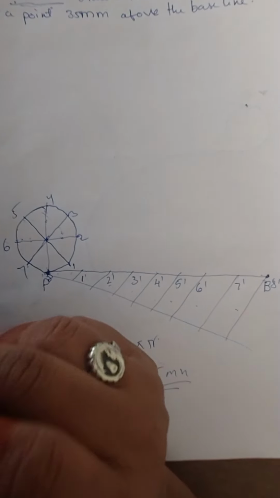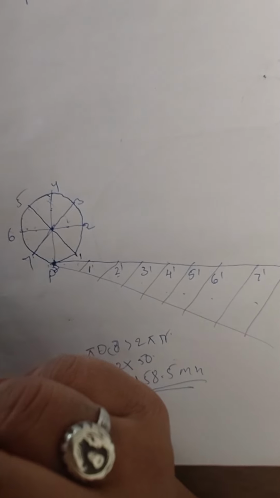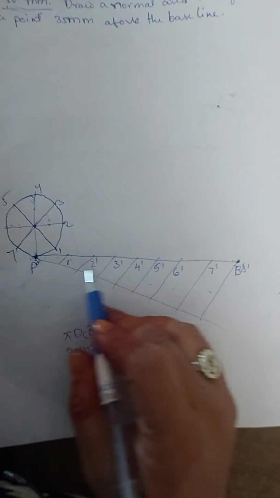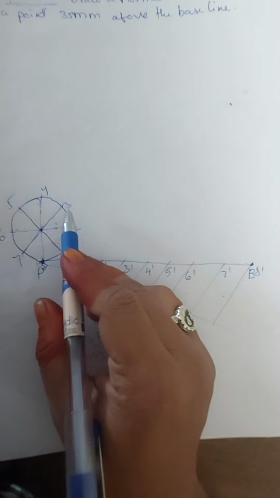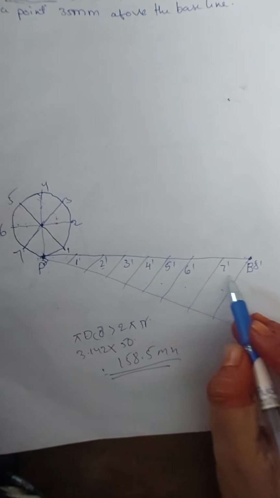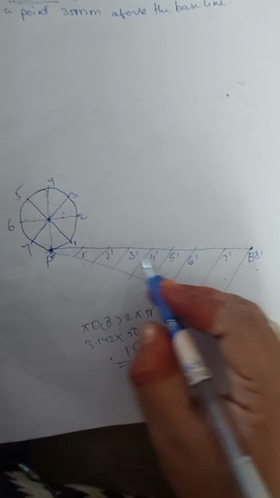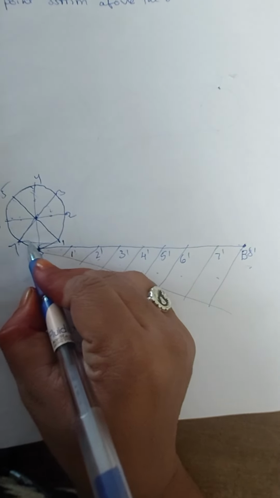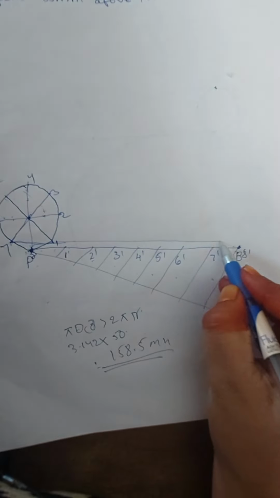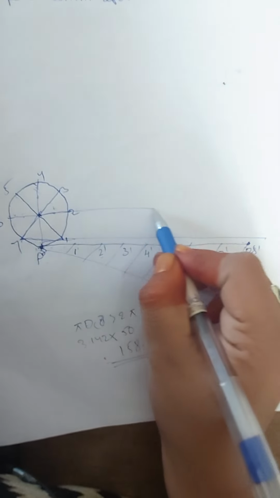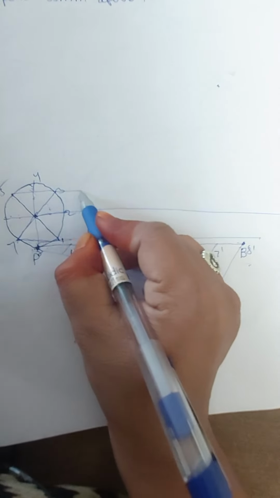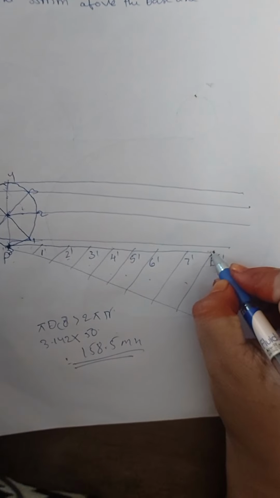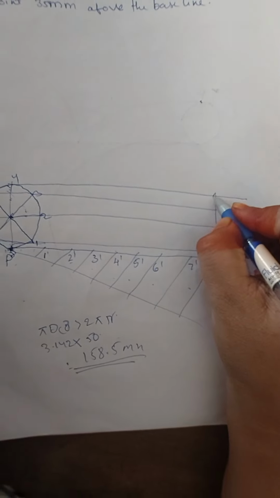So draw lines from the divisions of the circle parallel to the fixed straight line PB. Draw the lines from each and every division of the circle parallel to the horizontal line PB. Here, 7 and 1 will come on the same line, and next 2, 5 and 3, next from 4. After that, extend the lines here.